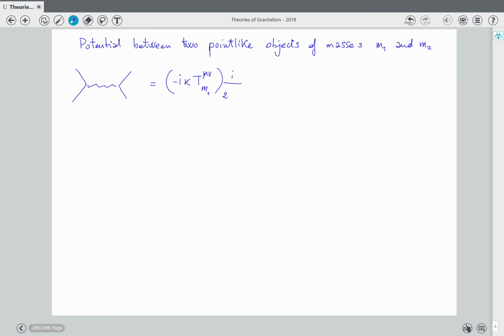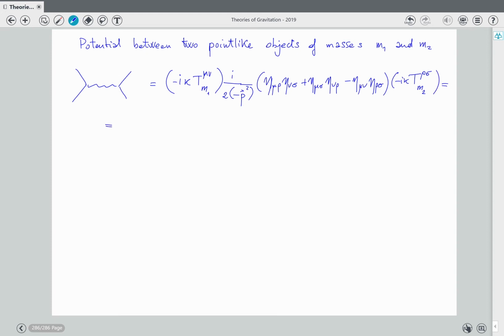I divided by 2p squared, and let me replace p squared by minus, there is no p0, so minus space p squared, and then there is eta mu rho, eta nu sigma, plus eta mu sigma, eta nu rho, minus eta mu nu, eta rho sigma. And then there is the second stress tensor for the mass, let's say M2.